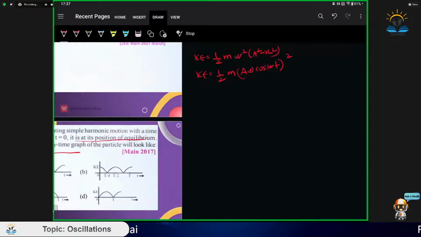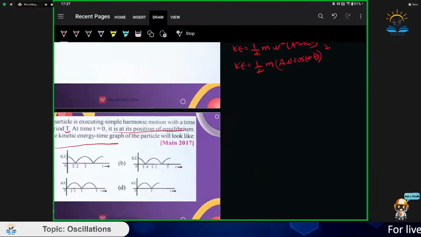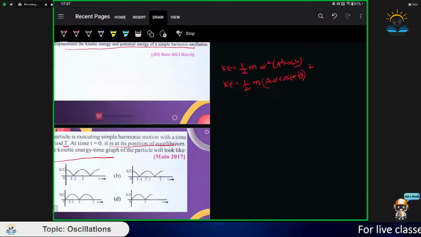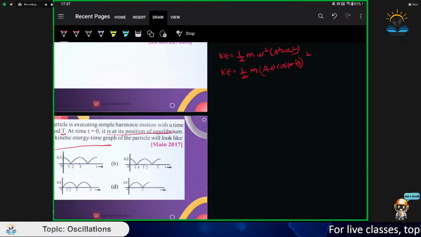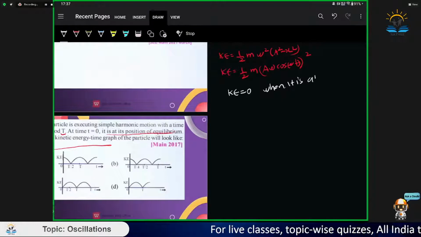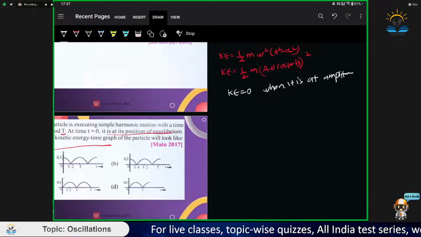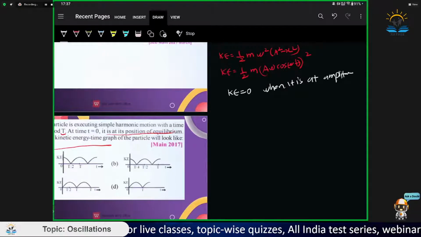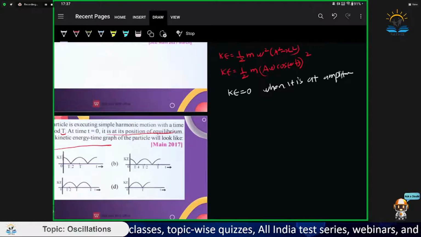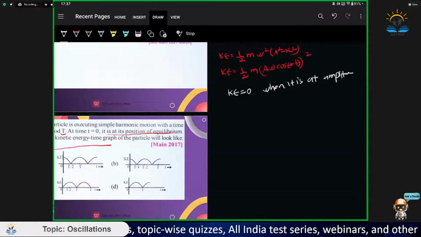But here we know that kinetic energy will be 0 when the particle is at amplitude, right? At which time will amplitude be attained? So at amplitude, kinetic energy will be zero.